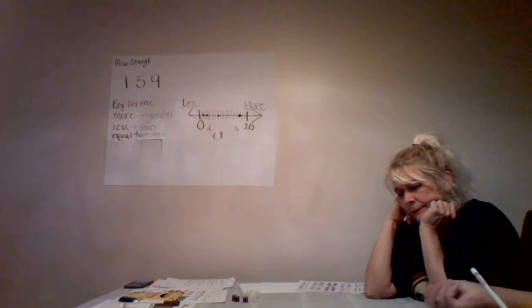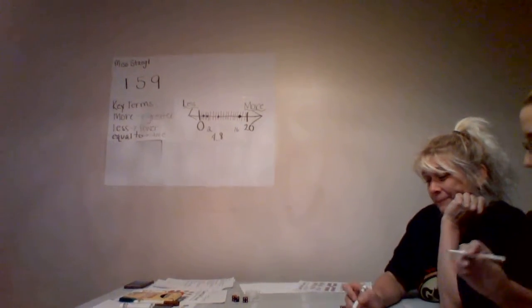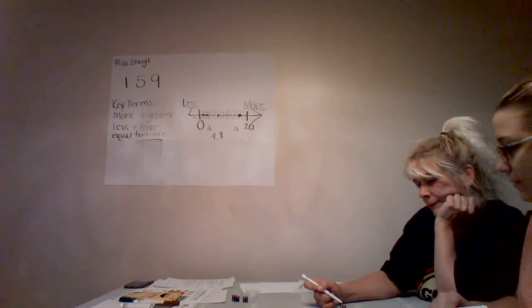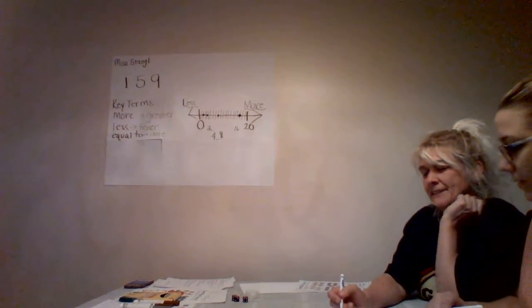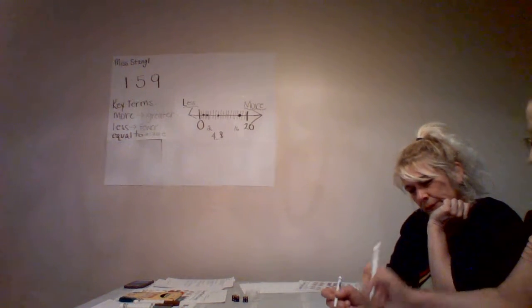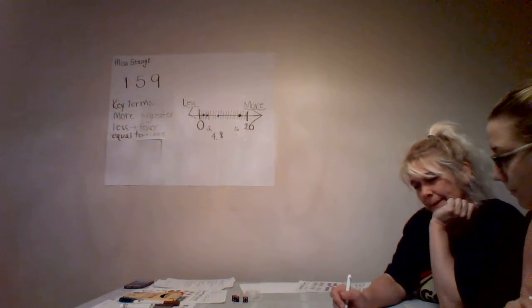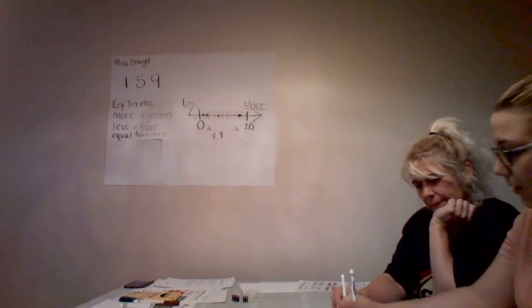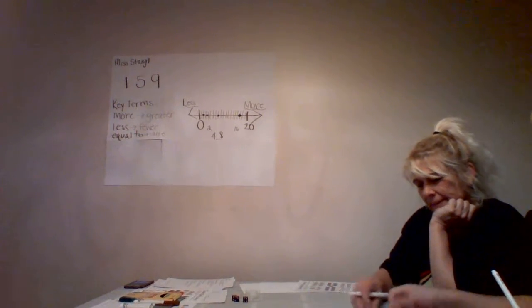Alright. 1, 2, 3, 4, 5, 6. Yep, and I got 1, 2, 3, 4. Okay. Which one of ours is more? Mine. Okay, good job. And then mine would be less. Okay.